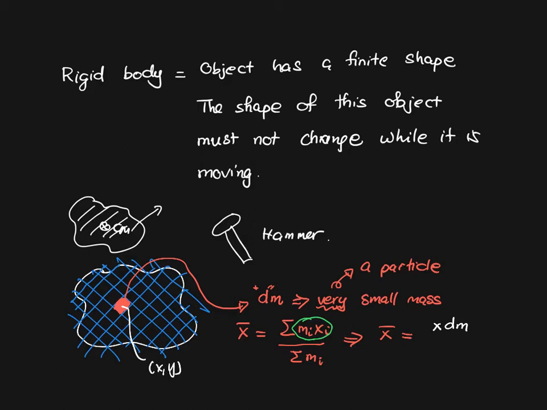So we have x times dm, and then at the bottom we have this mass dm here. And in calculus, the summation means integration. So we are going to turn the summation signs into integration like this. So this is the equation for the center of mass of the rigid body.